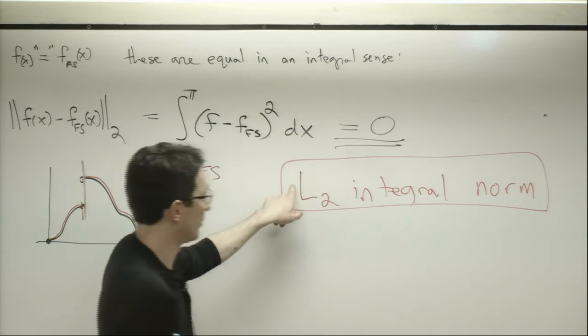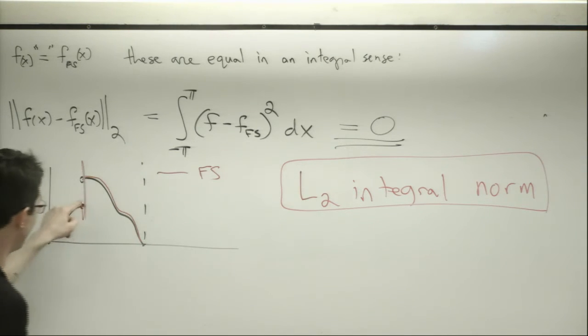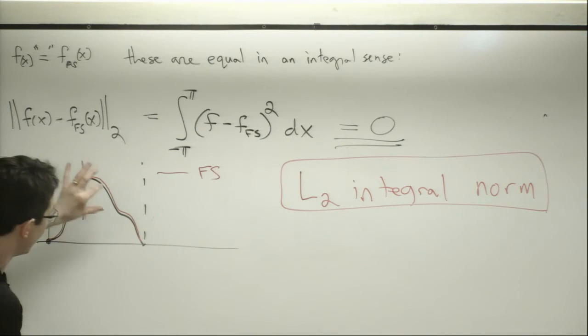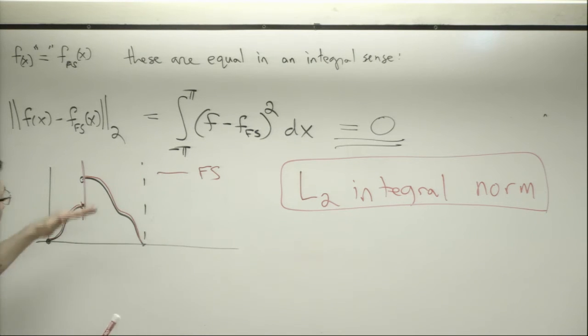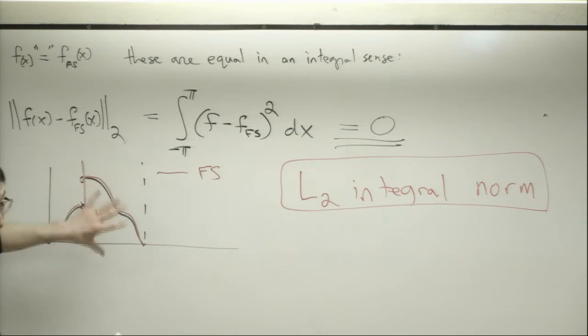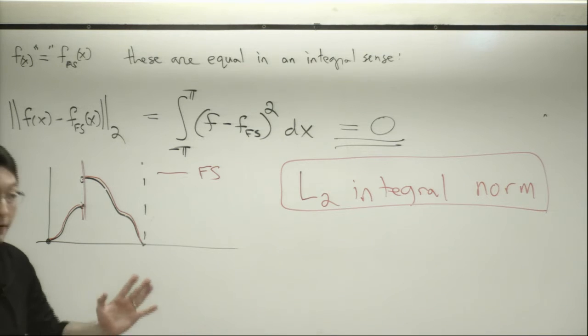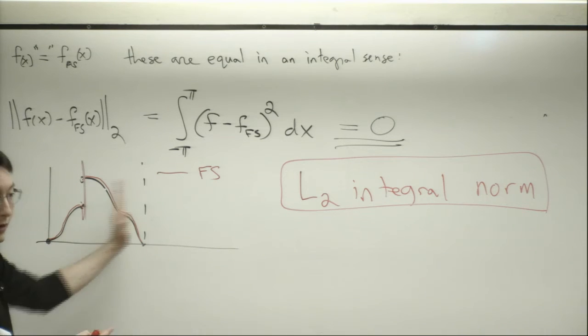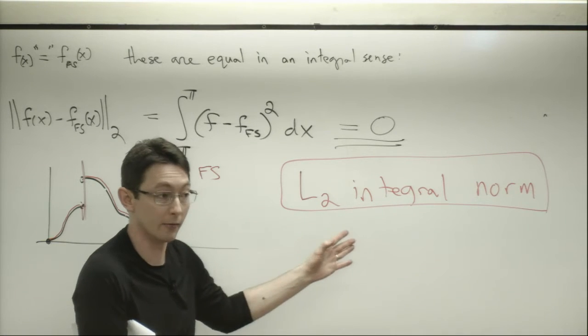The L2 integral norm was invented to handle functions like this one that had these finite occasional nastinesses occurring, because you can still say in what sense my solution agrees with the original function as long as these discontinuities are relegated to very, very small, finitely many occurrences. So this L2 integral norm is very nice and smoothing.